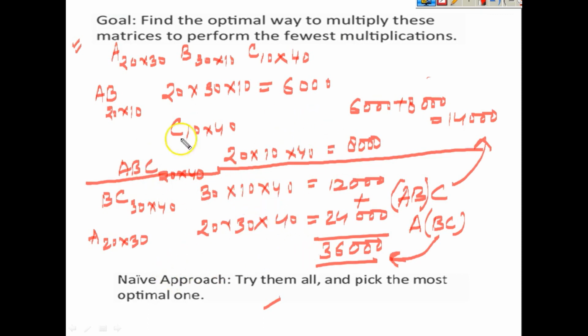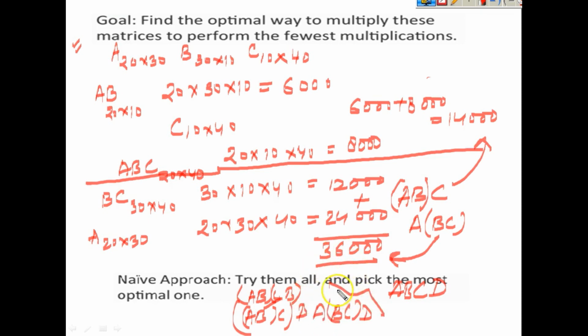To get the optimal answer, the naive approach is to try all the possible combinations. That means if I have to multiply A, B, C, D, then I may do A, B and then C, D, or A, B, then C and then D, or B, C, then D and then A. There are many possible combinations, but it would be a very costly operation if you try all of them.